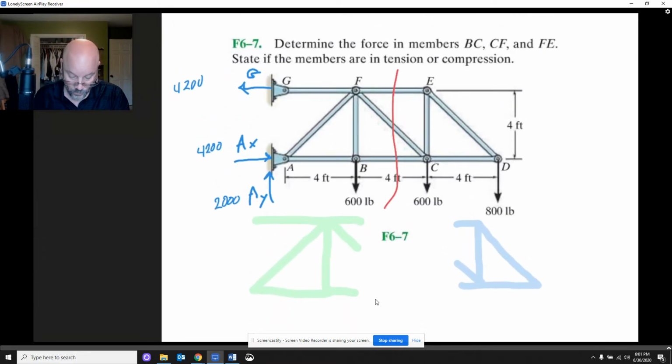And so with the method of sections, we're going to say, hey, I've got G here, and we know what it is, and I'm going to have an AX here, and I know what it is, and I need an AY here, and we already know what it is.